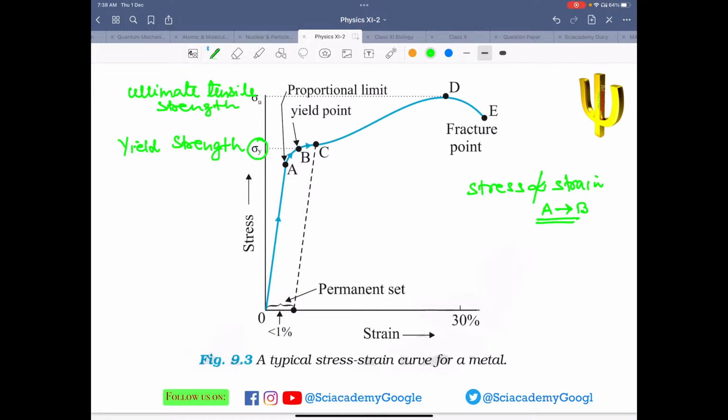And in this case, after point B and before point D, that is from B to D, the body is plastic in nature.